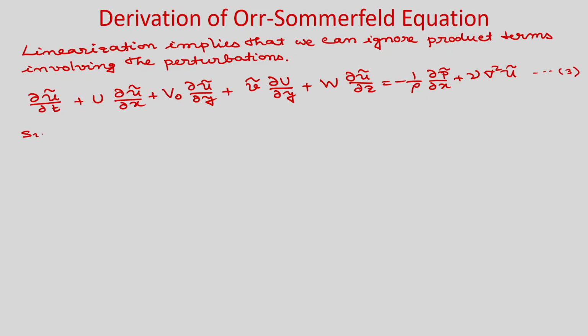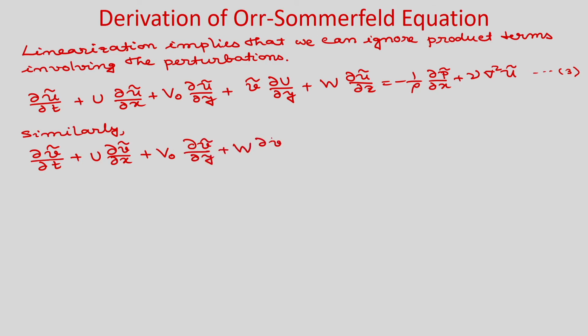So, similarly we can derive these perturbation equations for v tilde: del v tilde by del t plus u del v tilde by del x plus v naught del v tilde by del y plus w del v tilde by del z is equal to minus 1 by rho del p tilde by del y plus nu.